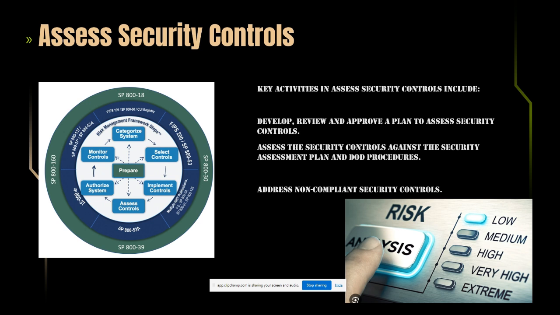Whether or not they want to authorize that system, or perhaps that system needs to look at some of the findings within their package before they can move forward. Okay, so addressing non-compliant security controls. What they're really looking at here is which controls are non-compliant.